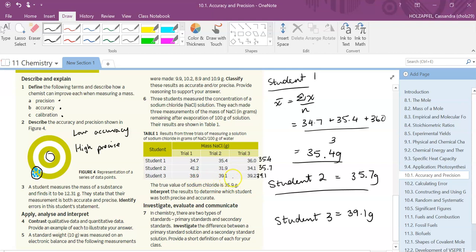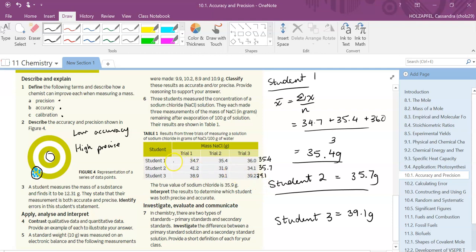So he's very precise, but he's not very accurate. And that could be down to something like maybe he's including the weight of the beaker or the weight of the paper that the sodium chloride is on when he should have tared the scale so that he wouldn't have included that paper. Because that could be what's happening here, he's very precise, he's just not very accurate.